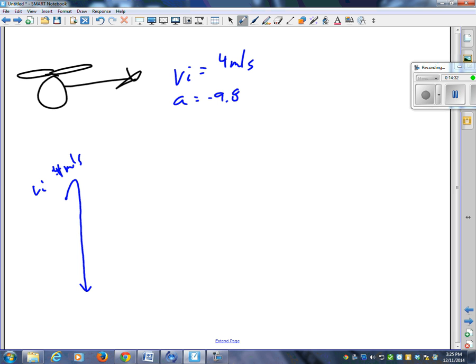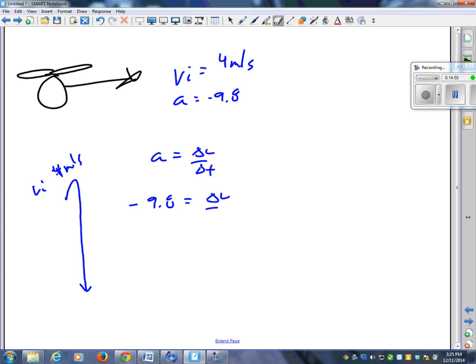So what is the rock's velocity after 3 seconds? a equals delta v over delta t. You have to be careful, because when the initial velocity is not 0, trouble is brewing. Minus 9.8 is delta v over 3 seconds.